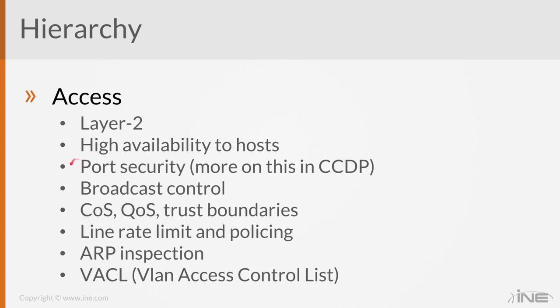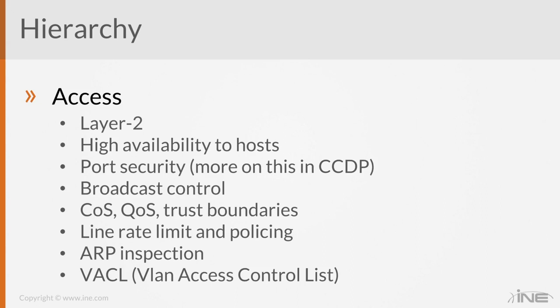Port security, well, more on this in the CCDP classes, but this is where you would implement it. Broadcast control, and when I say broadcast control, I'm not referring to defining a broadcast domain at the distribution, but controlling your broadcasts. I don't remember if it's part of the CCNA or CCNP, but normally there are some commands you learn at the port level to apply a storm control.